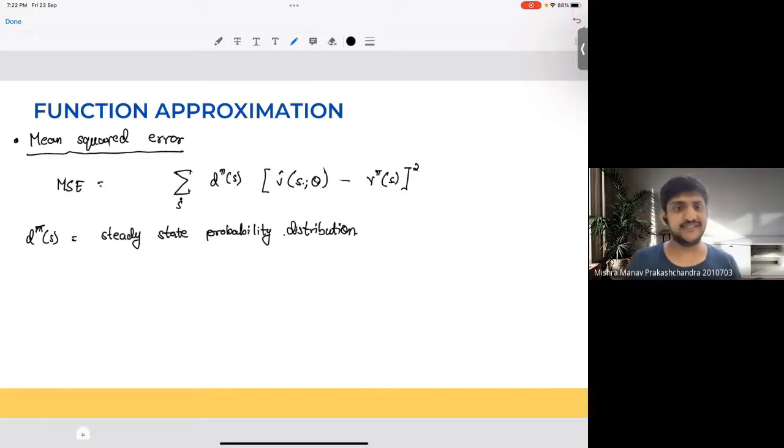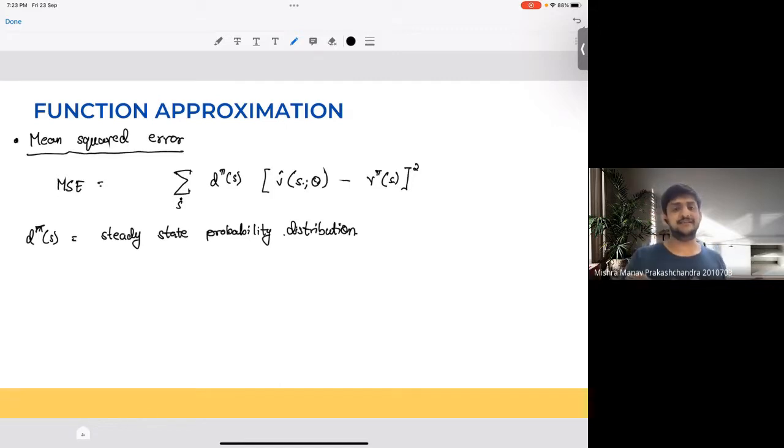What the steady state probability distribution does is that it maintains some estimate of the states that you're visiting more often than the others. And based on that, the probability distribution of that corresponding state varies.